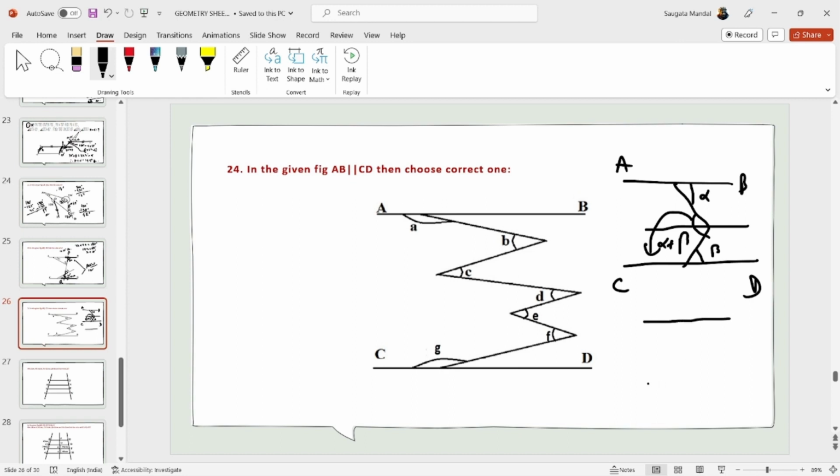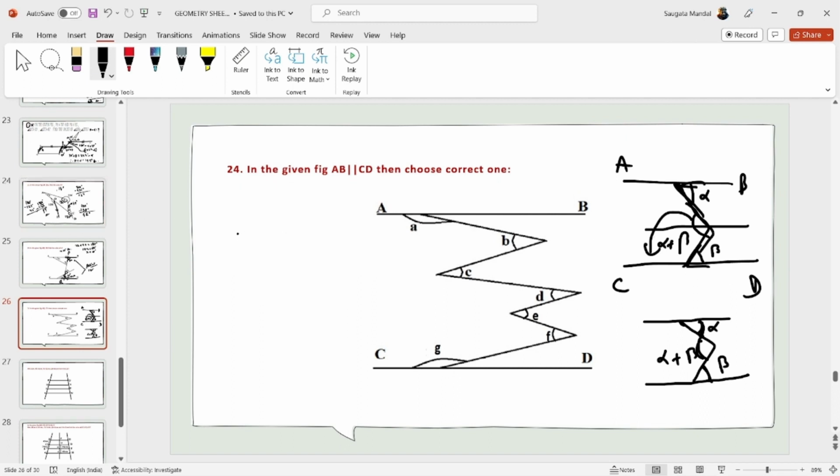Please look carefully. If two parallel lines are drawn, alpha plus beta is equal to this alpha, this beta. That means the sum of this side's angles is equal to the sum of this side's angles.